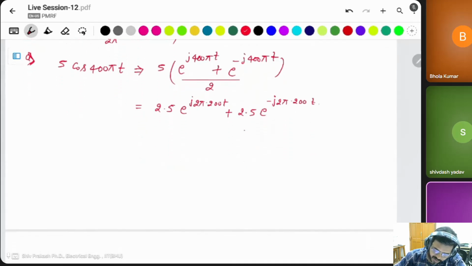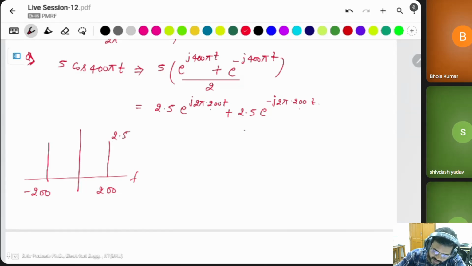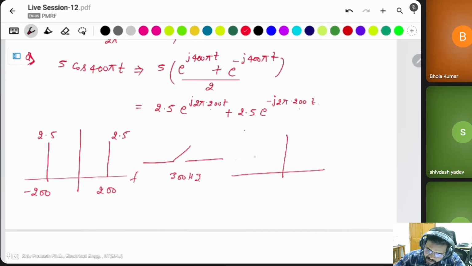This signal is represented in the plot. This will be from minus 200 to 200. This is plus 200 hertz, and this is minus 200 hertz. The magnitude of this one is 2.5, and this magnitude is also 2.5. This same signal is sampled at 300 hertz, then passes through a filter.